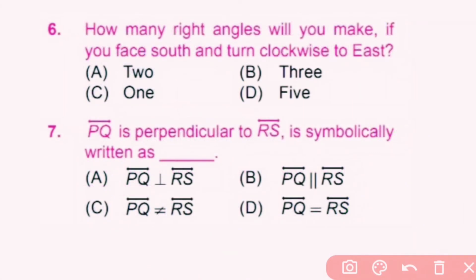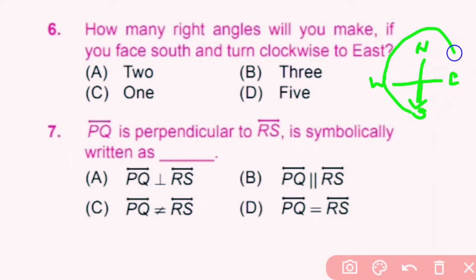Question number 6. How many right angles will you make if you face south and turn clockwise to east? This is north, south, east and west. You face this direction, so you have to turn like this. So there are 3 right angles. So here B is the correct answer.